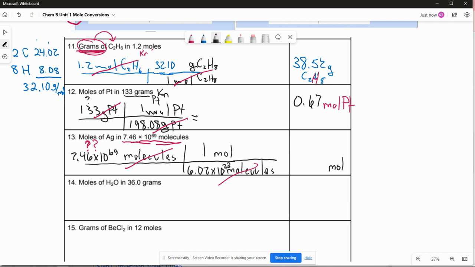I'm going to multiply by 1 and then divide by 6.02 second EE23. Now, if I do it differently, I'm going to need parentheses or something like that.